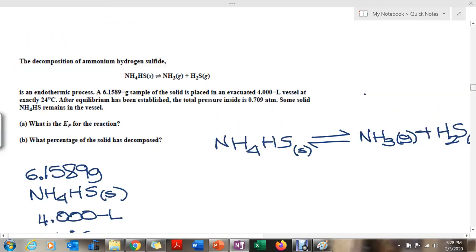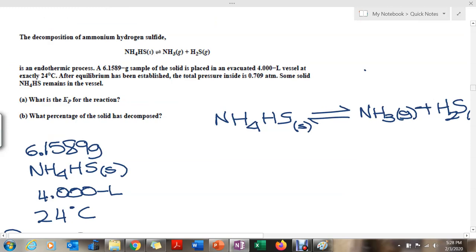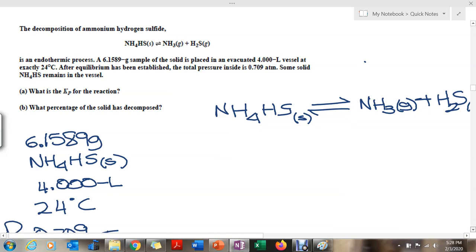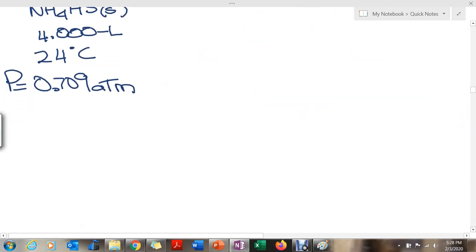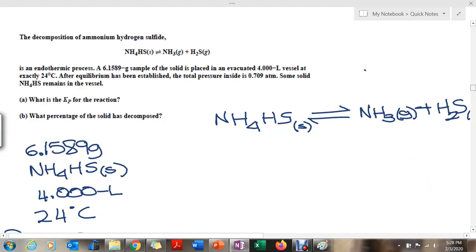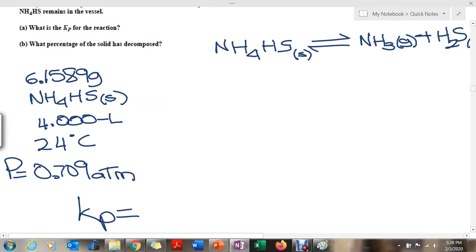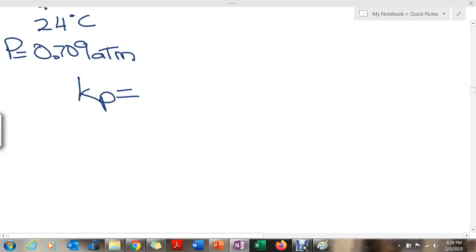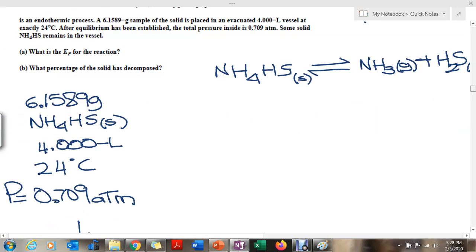It says some solid NH4HS remains in the vessel. What is the Kp for the reaction? Well, the first thing is that you have to determine Kp by looking at the products and the reactant. The products are the ammonia gas and the dihydrogen sulfide, H2S, and the solid.